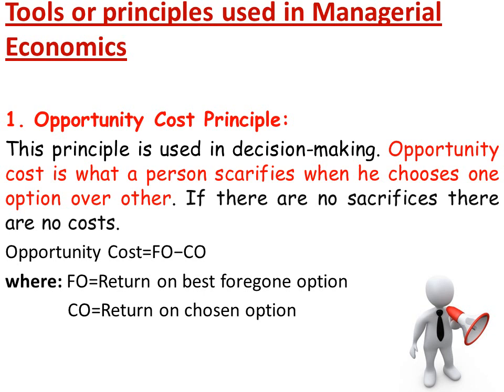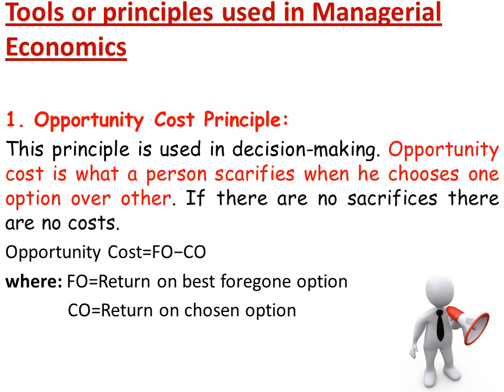To calculate opportunity cost, I have given the formula: opportunity cost equals FO minus CO, where FO is the foregone option, the sacrificed option, and CO is the chosen option.